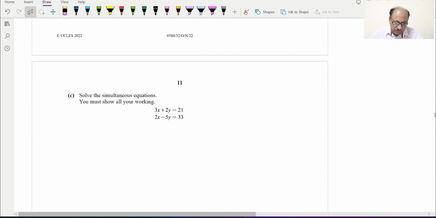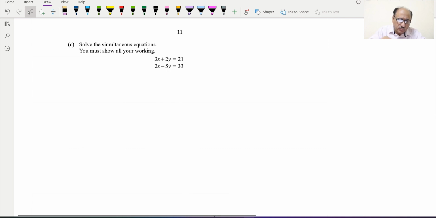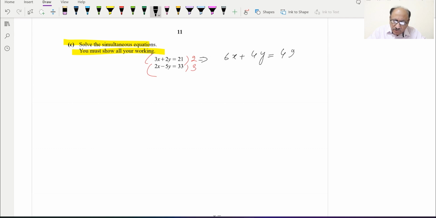Hopefully you understood this. Now C part is simultaneous equations, an easier question if you concentrate properly and avoid mistakes. So to equalize the coefficients, multiply the first equation by 2 and the second by 3, and we will get 6x plus 4y is equal to 42. And the second equation gives 6x minus 15y is equal to 99.